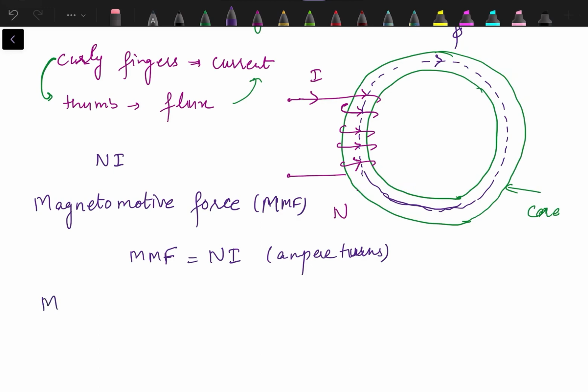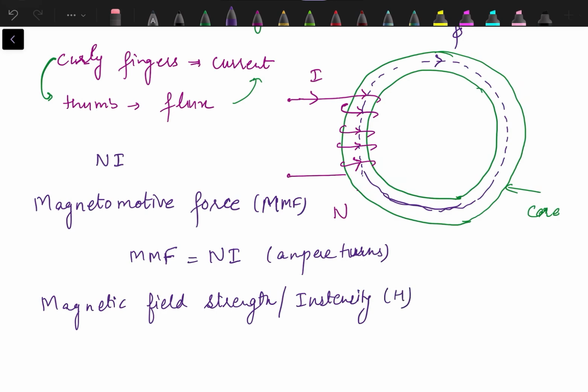The second term is magnetic field strength, or intensity, which is denoted by H. Magnetic field intensity or strength is defined as magnetomotive force per unit length.